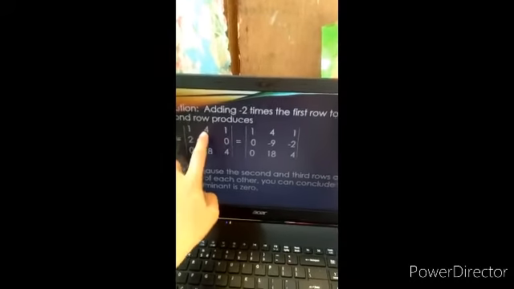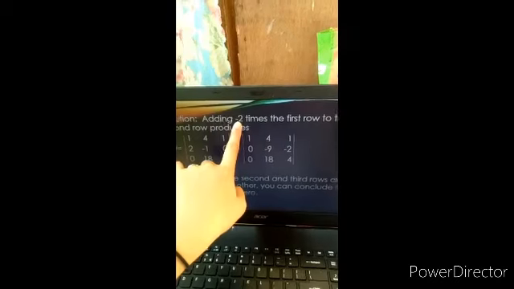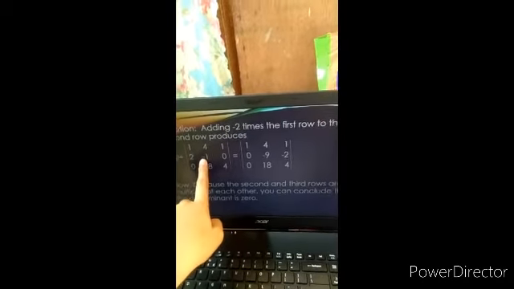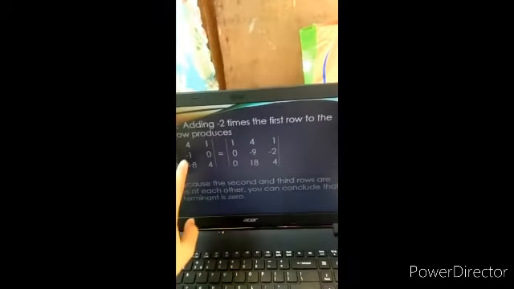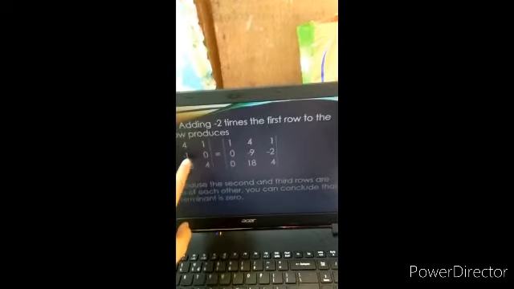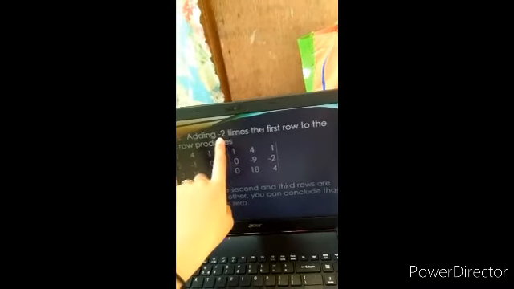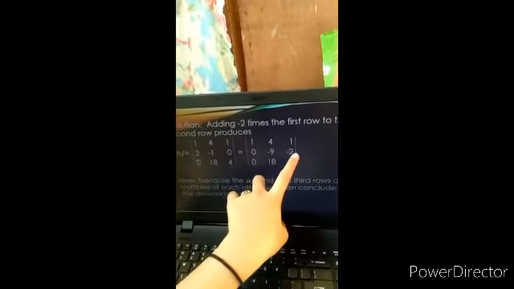Then, 4 times negative 2 equals negative 8, plus negative 1 equals negative 9. And then, 1 times negative 2 equals negative 2, plus 0 equals negative 2.